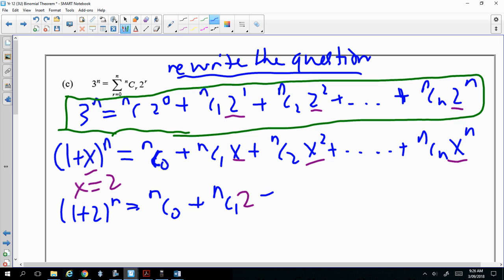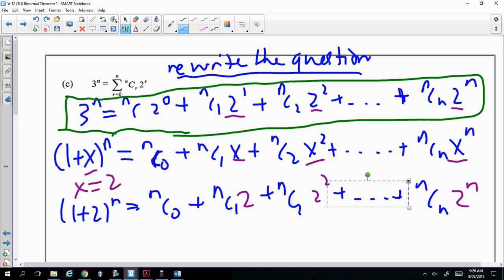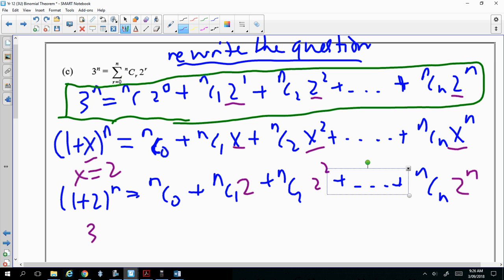And you simplify that, you get 3 to the power n. We write it again: nC1 2 plus nC2 2 squared, nCn 2 power n. Okay, so result proven.